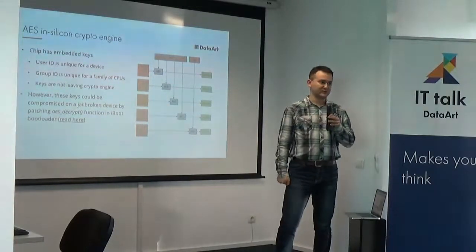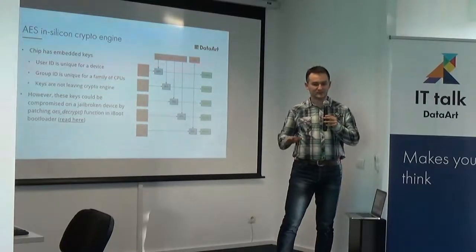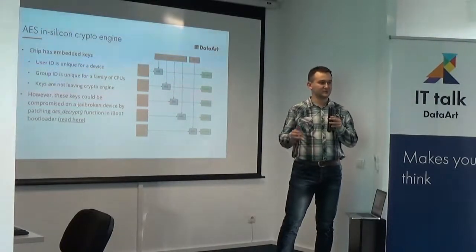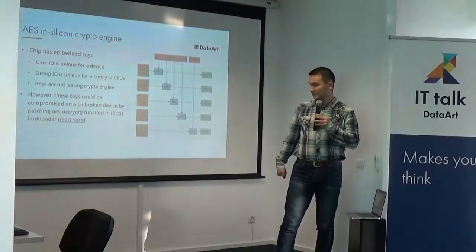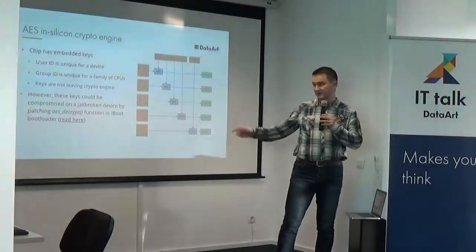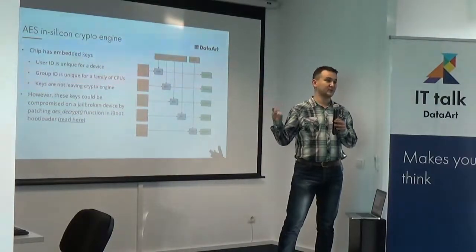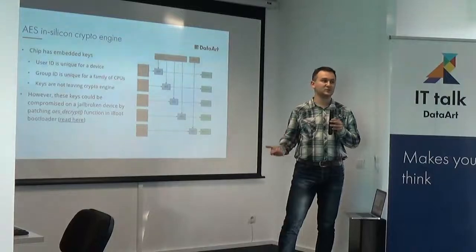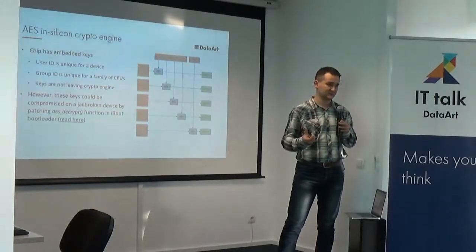Fortunately, jailbreaks are really rare now because the cost of each jailbreak is increasing, because new security features are being added constantly into new devices. It is harder to dump these keys. Unique ID or user ID is unique for a particular device. So each new device after reset generates a unique ID.